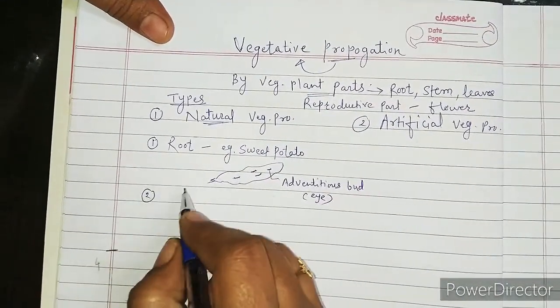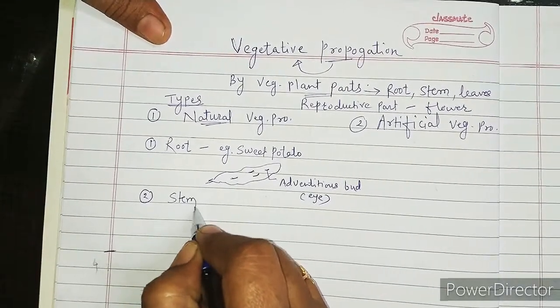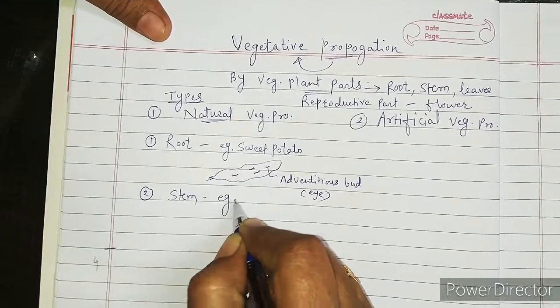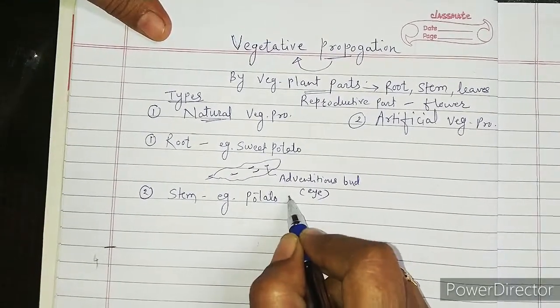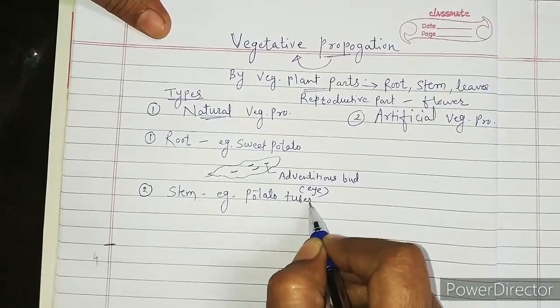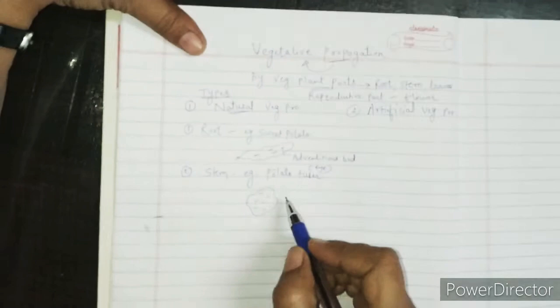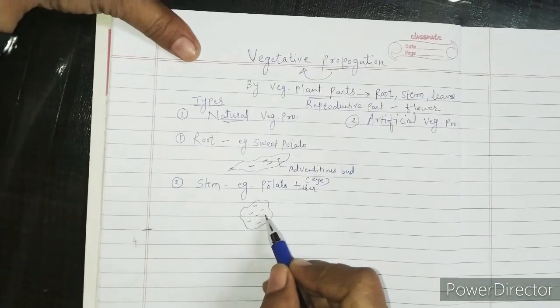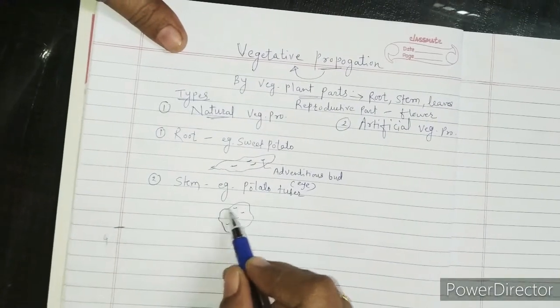Now the second one is the stem, and a well-known example is potato tuber. Potato tuber is a stem. As it is a stem, there are nodes and internodes.